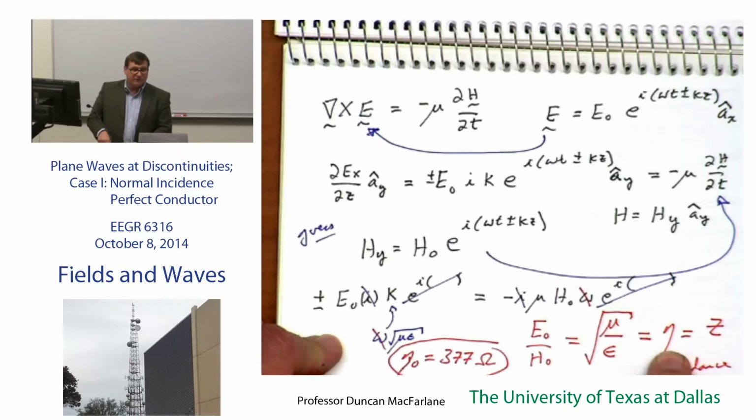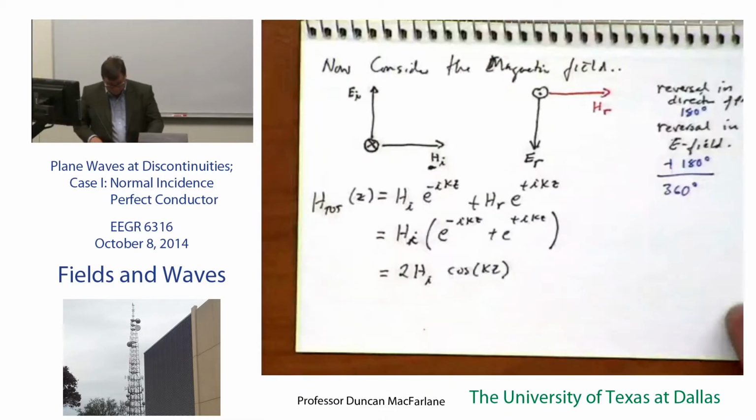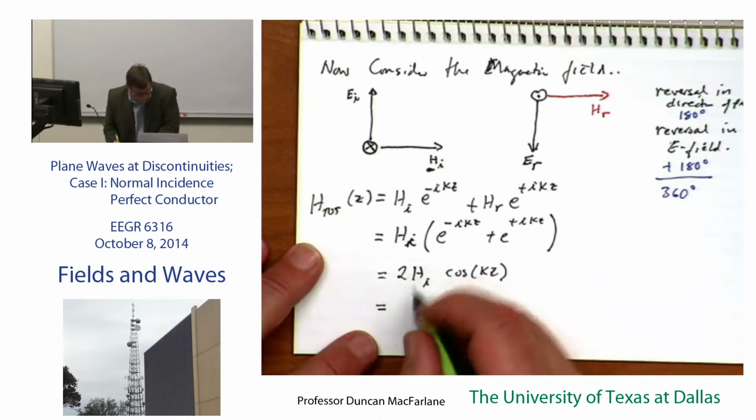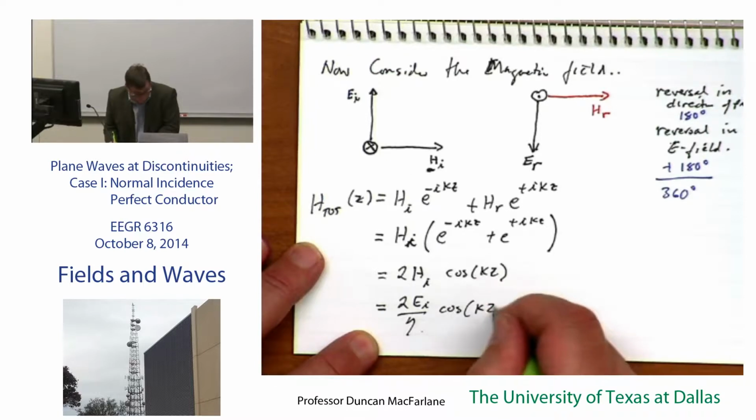Free space, that was 377 ohms, right? So I can further write this as twice E incident over eta times cosine of kz.